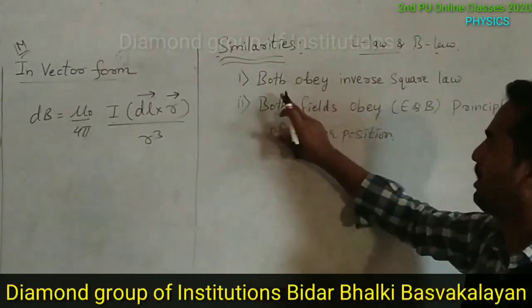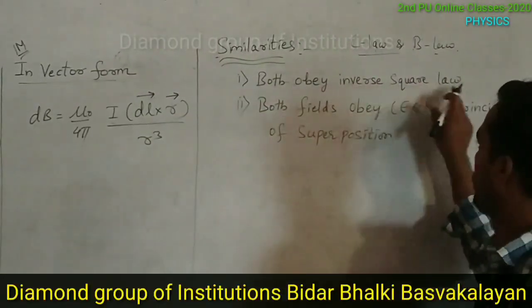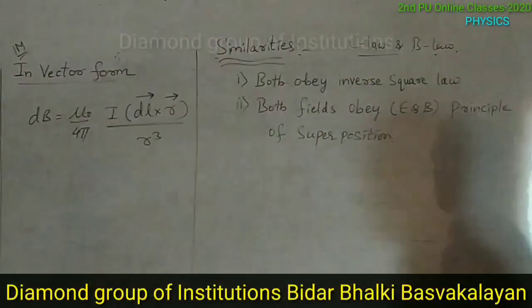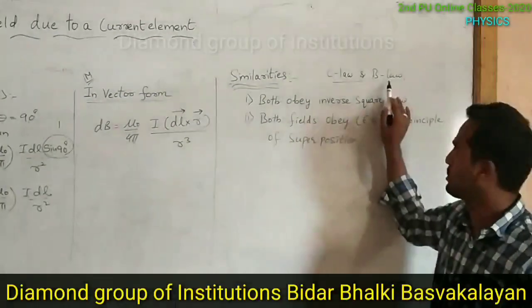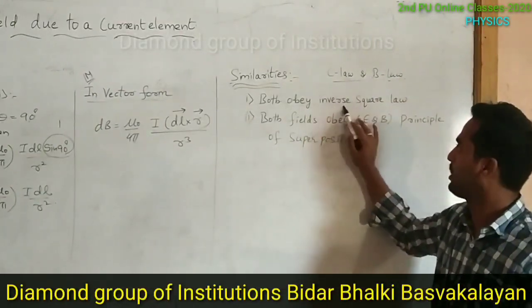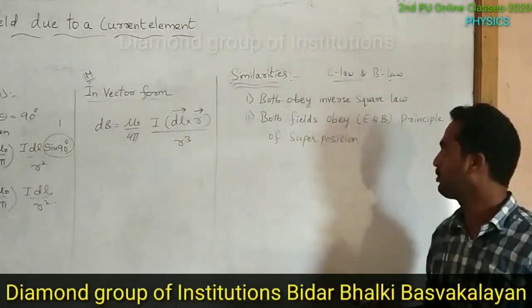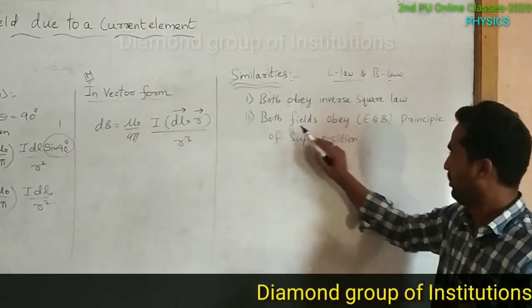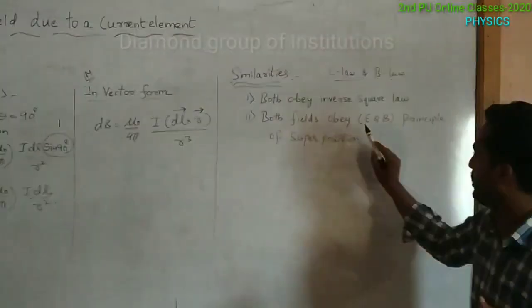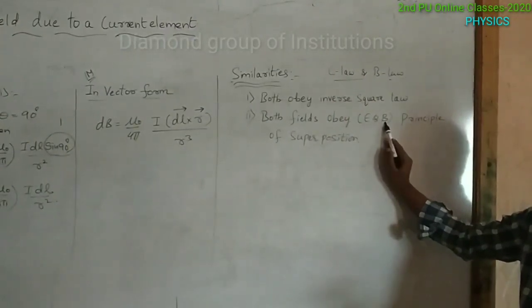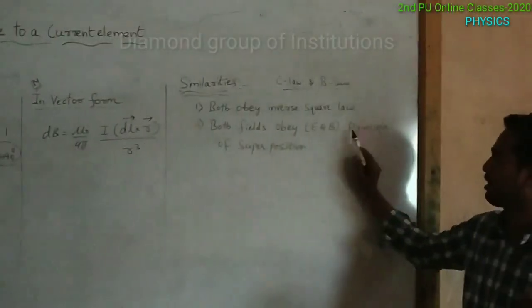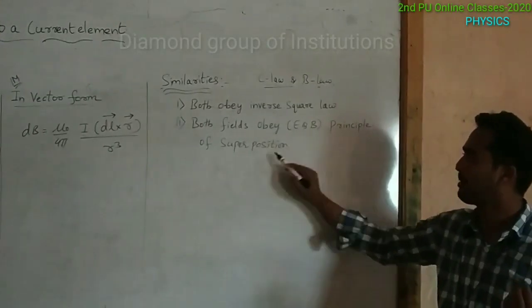See here, both obey inverse square law. That means Coulomb's law obeys inverse square law, as well as Biot-Savart's law also obeys inverse square law. And both fields, both electric as well as magnetic field, obey the principle of superposition.